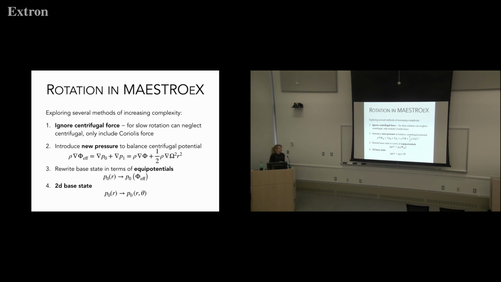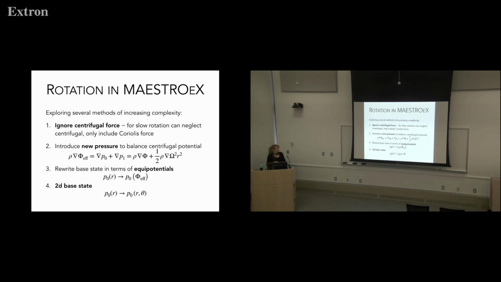Okay, so the next one is a more explicit transformation of the coordinate system. If we do want to have a star that's rotating fairly quickly, then when a spherical object rotates fast, it tends to bulge around the center, so it becomes oblate.